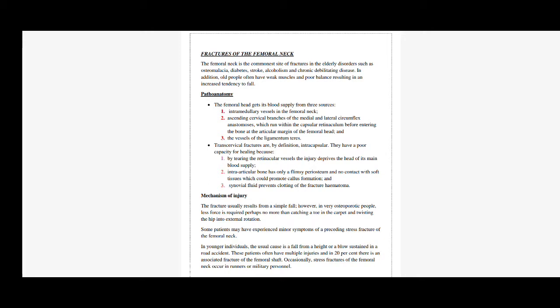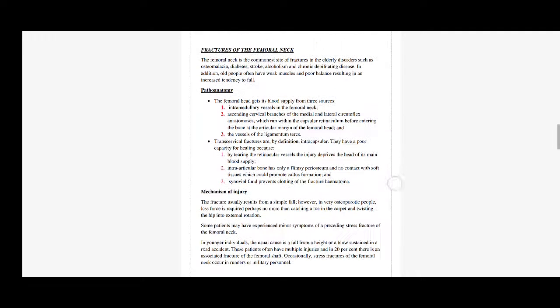Number two, ascending cervical branches of the medial and lateral circumflex anastomosis, which run within the capsular retinaculum before entering the bone at the articular margin of the femoral head. And lastly, the vessels of the ligamentum teres, which are small and trivial, but give supply to the head. It's very important.